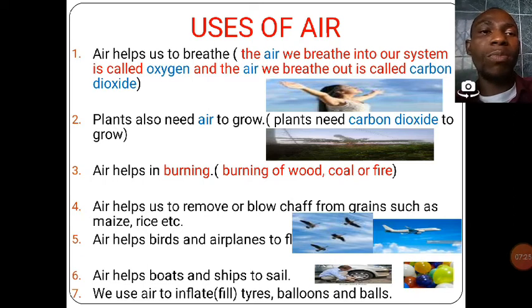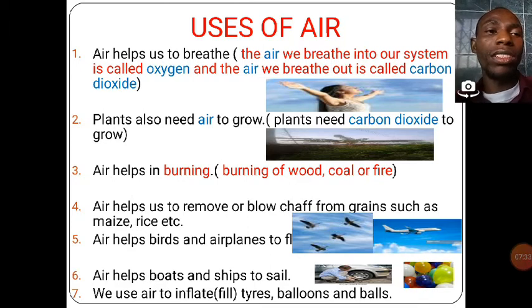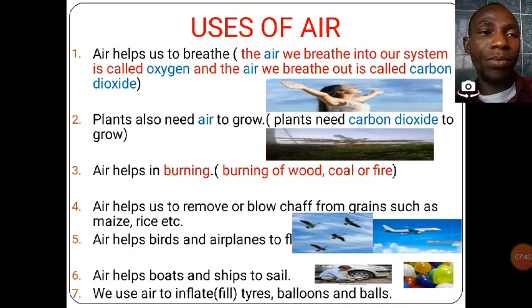5. Air helps birds and aeroplanes to fly. Good. For birds and aeroplanes to float in the air or fly, they depend on air, or they are helped by air. 6.